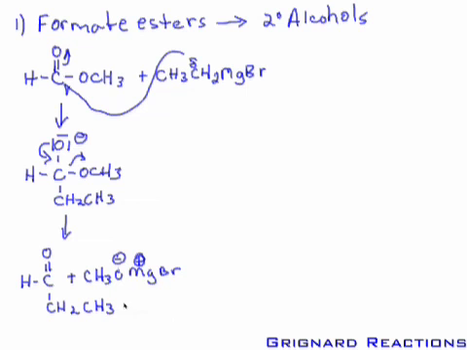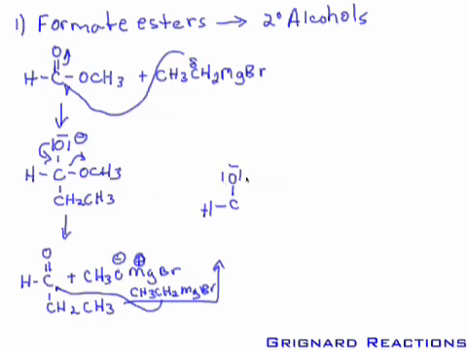The problem with this is we can't stop the reaction. The aldehyde will be subject to attack by methyl. Sorry, we're using ethyl. Magnesium bromide. And another one will attack, and it will go for the carbonyl. And so what we end up with is HCO minus.